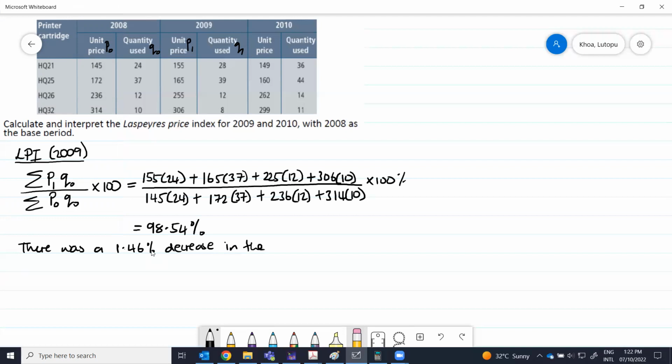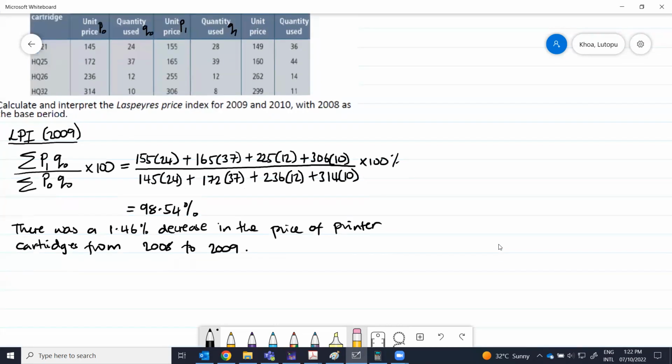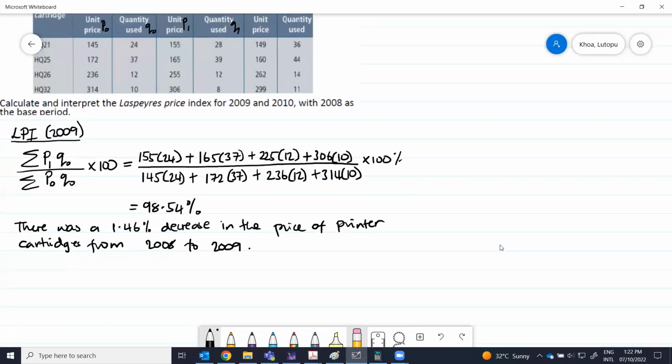Decrease in the price of printer cartridges from 2008 to 2009.